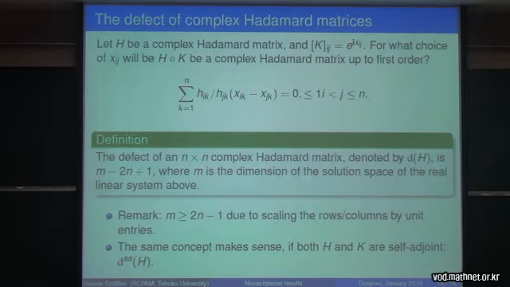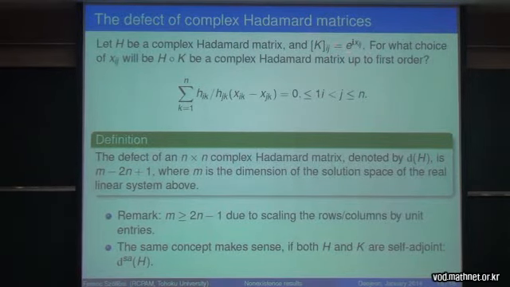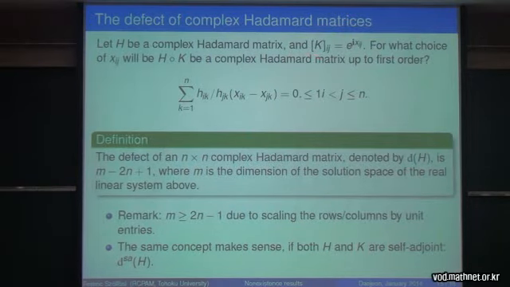So what you do is consider a phasing matrix K with unit entries e to the i times xij, and you ask for what choice of this matrix K the Hadamard product of your original Hadamard matrix and this phasing matrix is a complex Hadamard matrix up to first order. So you linearize these quantities by Taylor expansion, and you want this matrix to be a Hadamard matrix after linearization. It's a kind of cheating, but it gives you some kind of information.